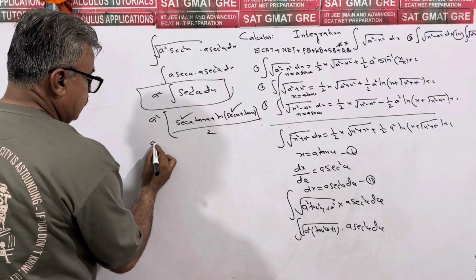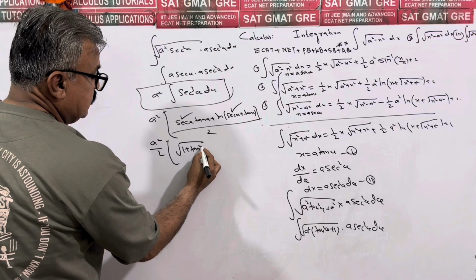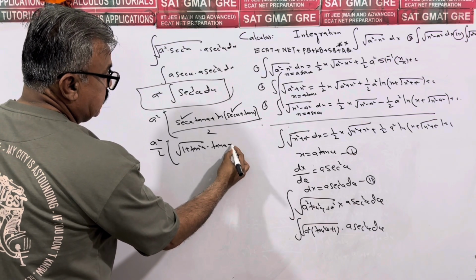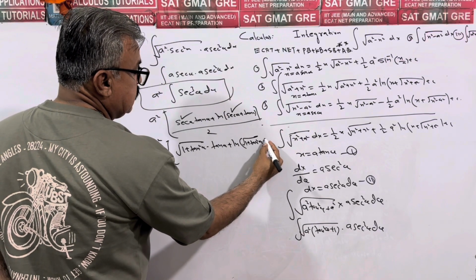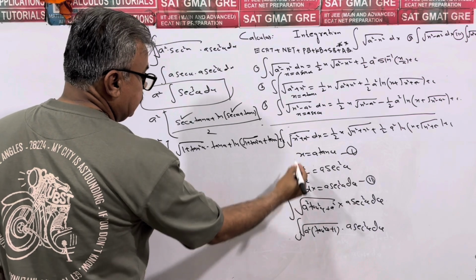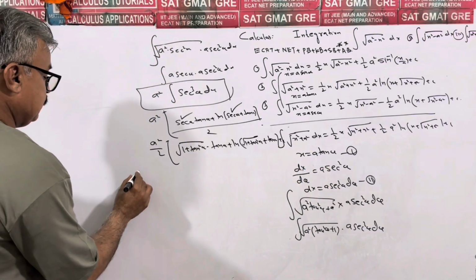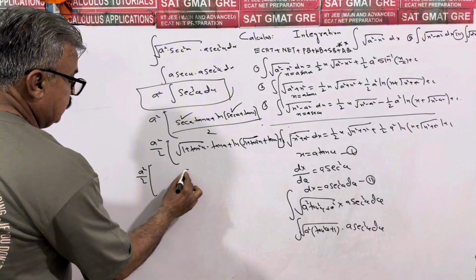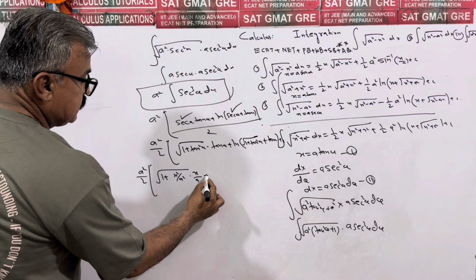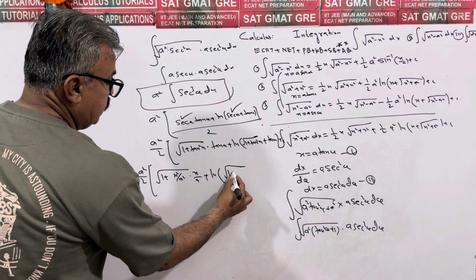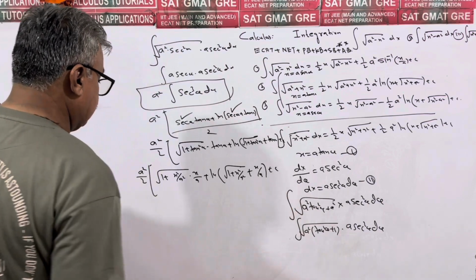Utilizing trigonometry, a square over 2 times sec can be written as root of 1 plus tan square theta times tan theta, plus ln of sec, meaning root of 1 plus tan square theta, plus tan theta, plus c. Okay, cool. Instead of tan, we put x over a. So we have a square over 2 times root of 1 plus x square over a square times x over a, plus ln of root of 1 plus x square over a square plus x over a, plus c. Okay, just manipulate.